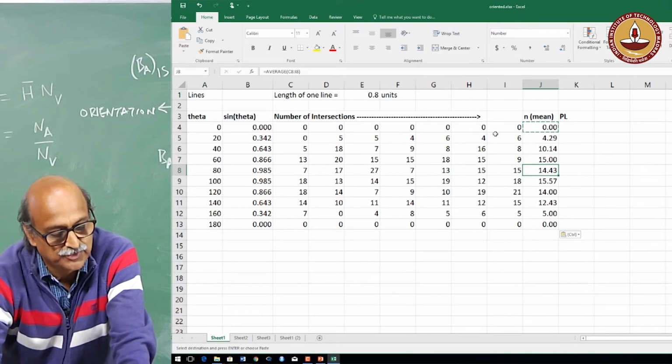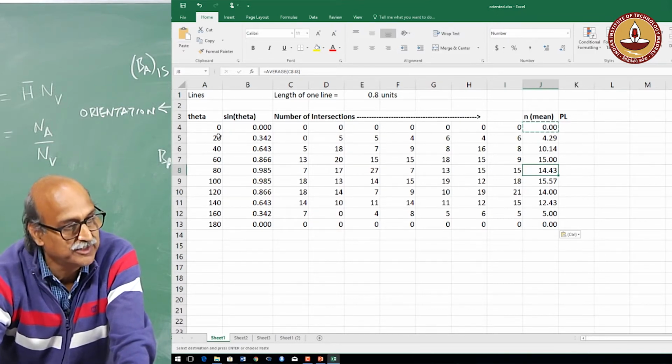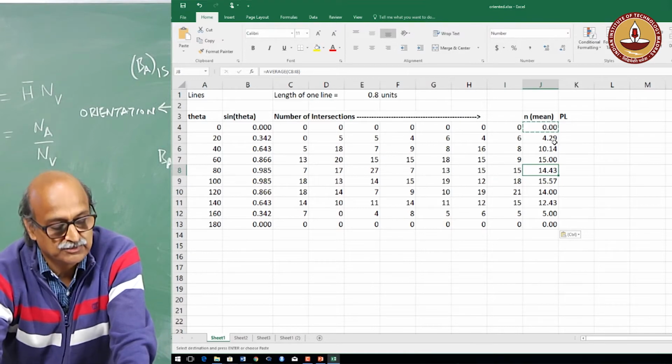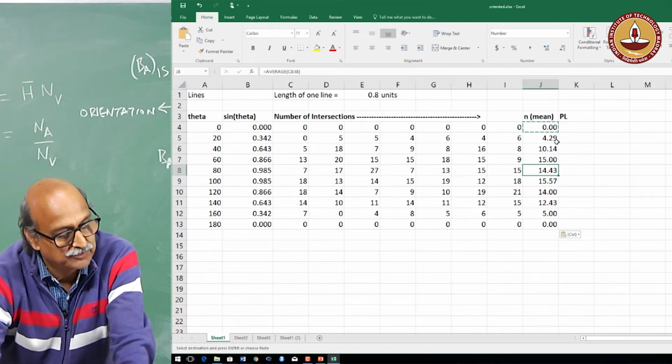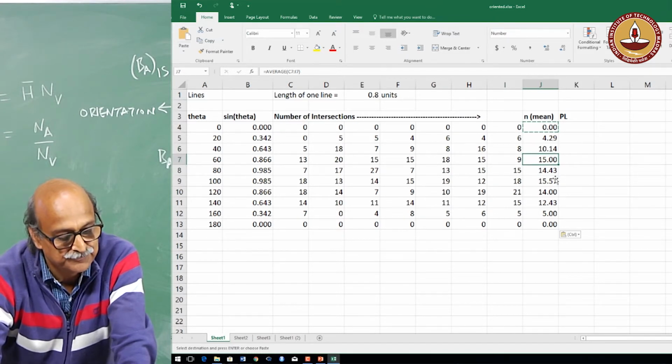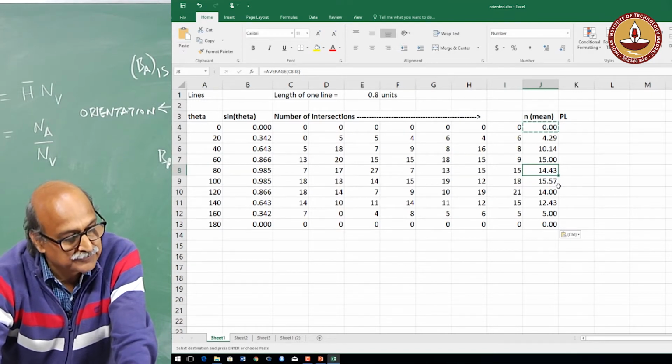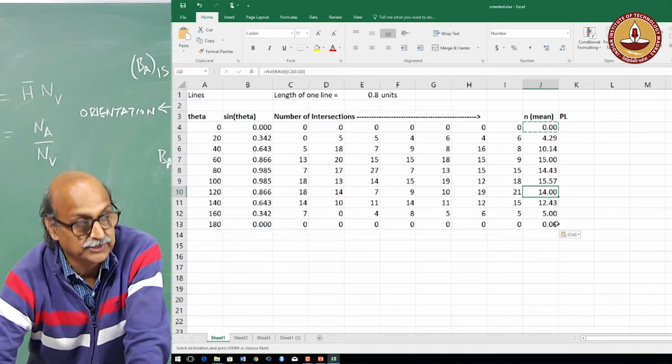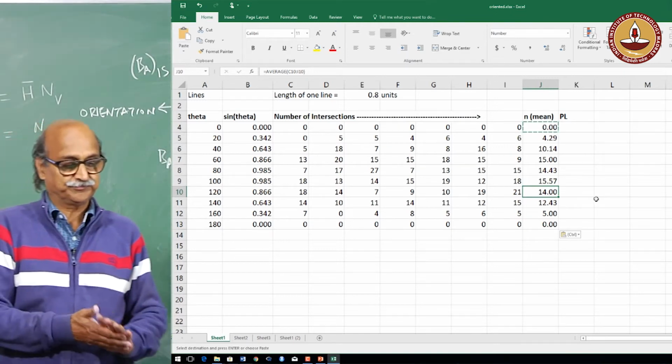For example, at 0 degrees it is 0, at 20 degrees I get 4.29, at 40 degrees I get 40.14, at 60 I get 15, then 14 again at 80, 15.57 at 100 and so on.